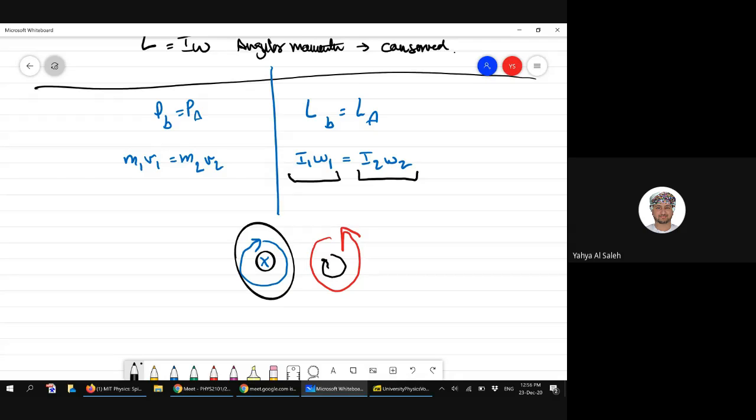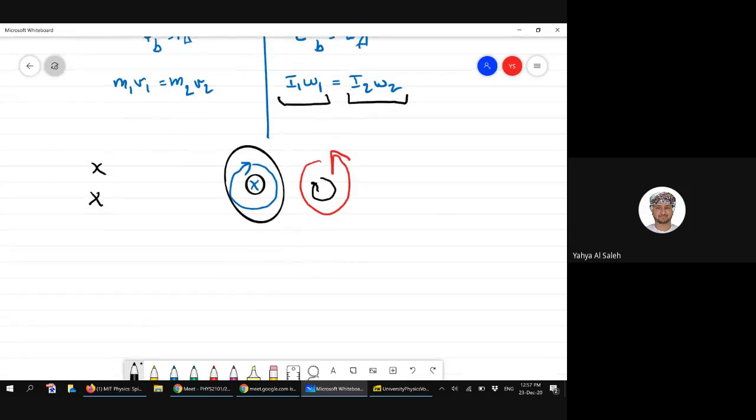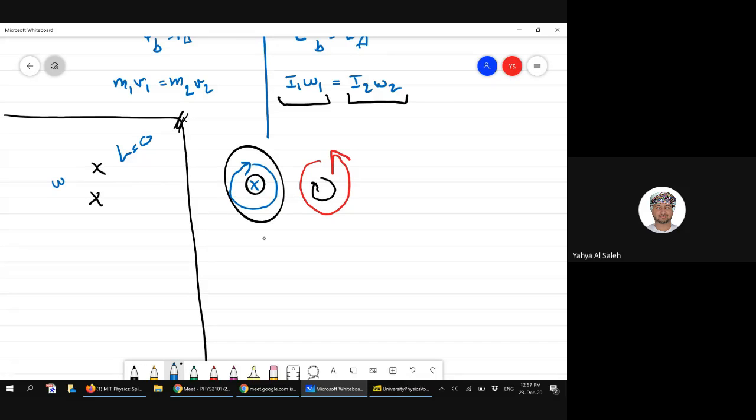So say, for example, initially I am standing on that turntable without anything moving. I am not moving and the wheel is not moving. What is my total L here? My total L here is equal to 0, because this is not rotating, omega equals 0, and this is not rotating, omega equals 0.